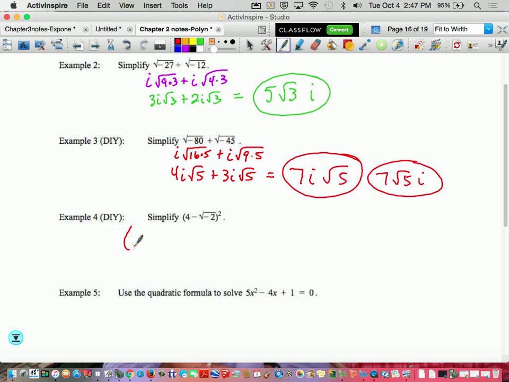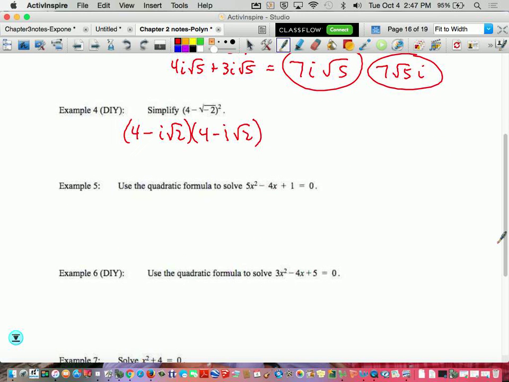If I multiply 4 minus i root 2 times 4 minus i root 2, what are we going to get? So I have to do 4 times 4 is 16. 4 times i root 2 is negative 4i root 2. Negative i root 2 times 4 is also negative 4i root 2.